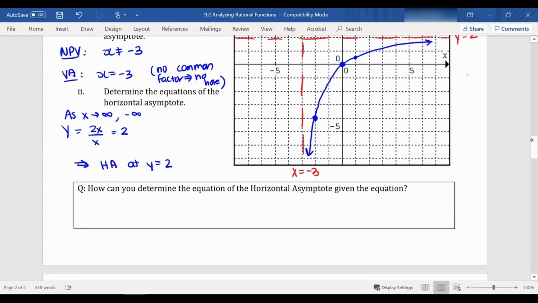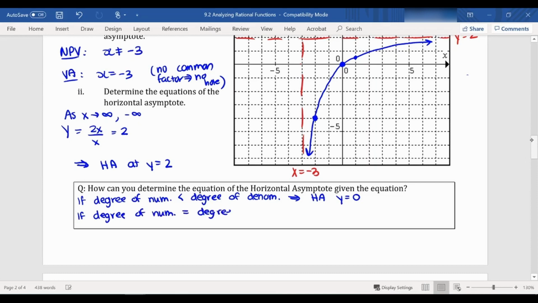So how do you determine the equation of the horizontal asymptote? If the degree of the numerator is less than the degree of the denominator, then your horizontal asymptote is at y equals 0. If your degree of the numerator is equal to the degree of the denominator, then you need to look at the coefficients of the highest power.